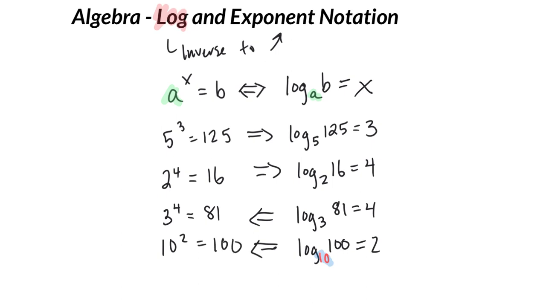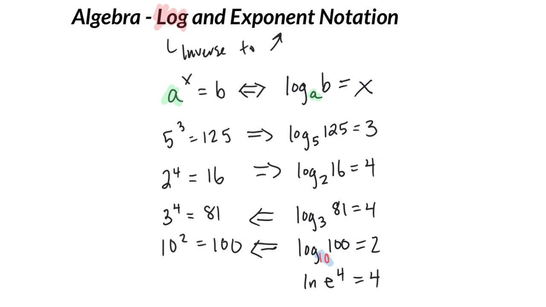Now, one last one I want to write is natural log. The natural log of e to the fourth equals 4. Now let me explain what the natural log is.